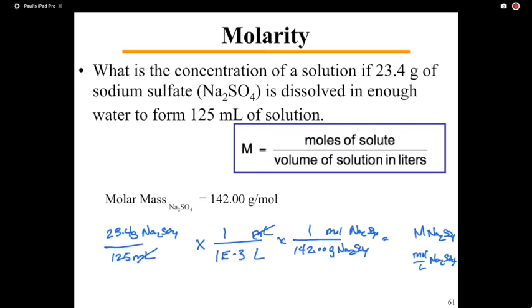A piece of the puzzle is for you not to be confused about big M being exactly the same as moles over liters.